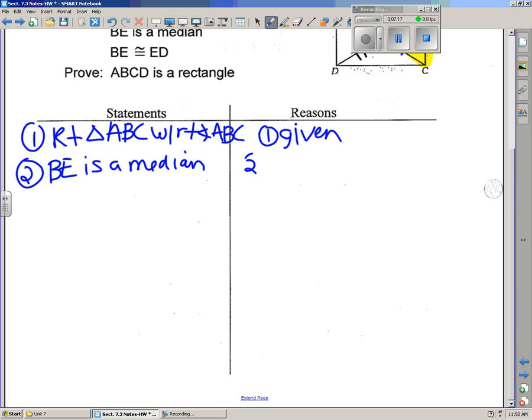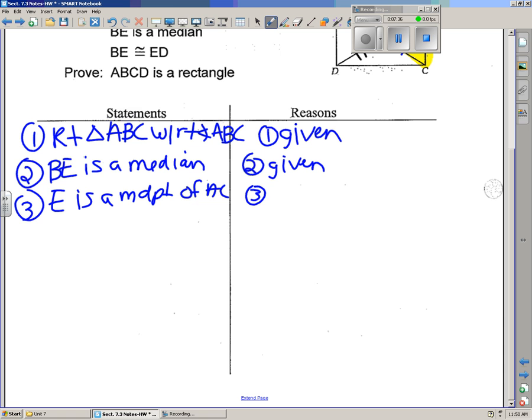Okay, so this is given to you. Well, because a median is a line segment that goes from the vertex to the midpoint of the opposite side, we now know that E is a midpoint of AC. And that's just because we know the definition of a median.